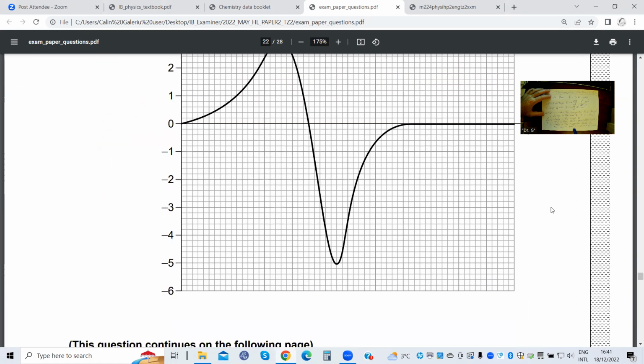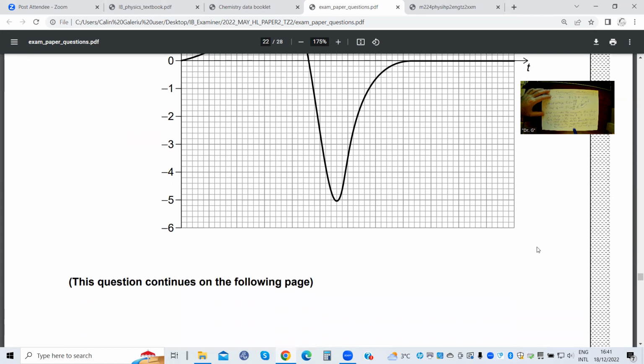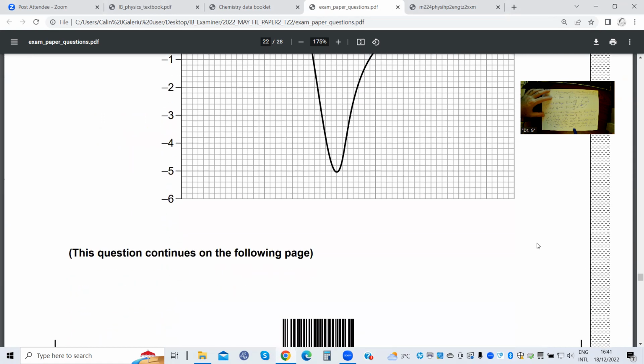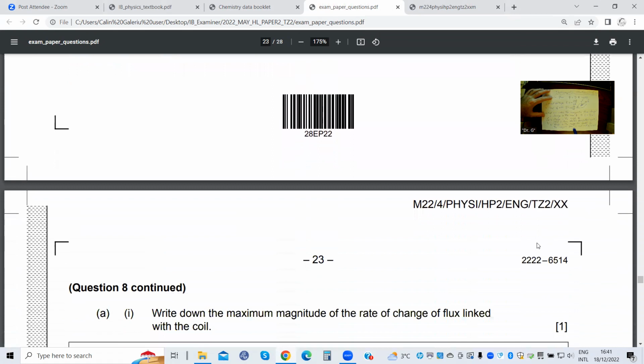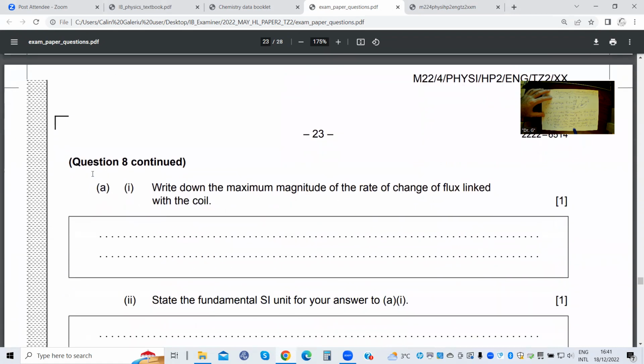What are the units for time? We have no units for time. Okay. Question number A, part 1. Write down the maximum magnitude of the rate of change of flux linked with the coil.